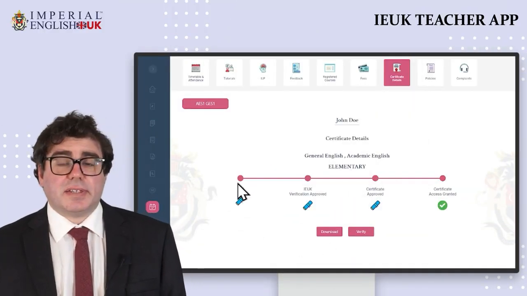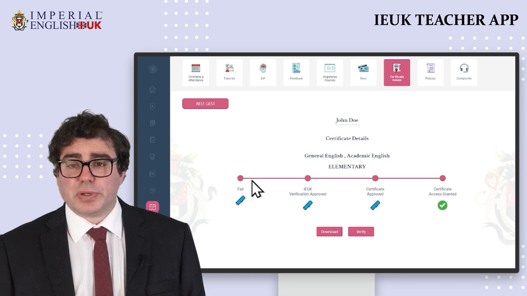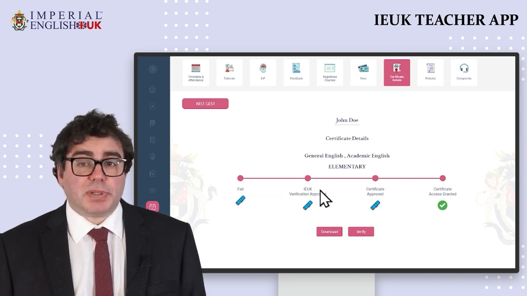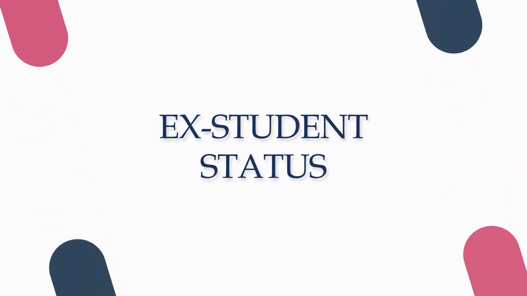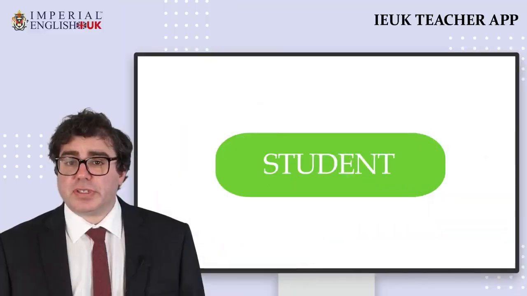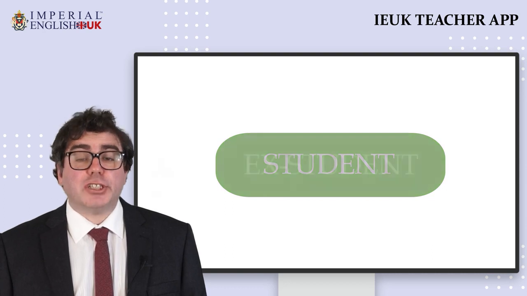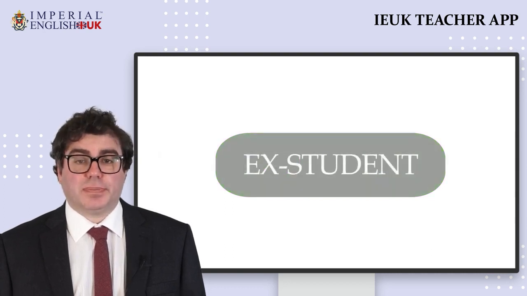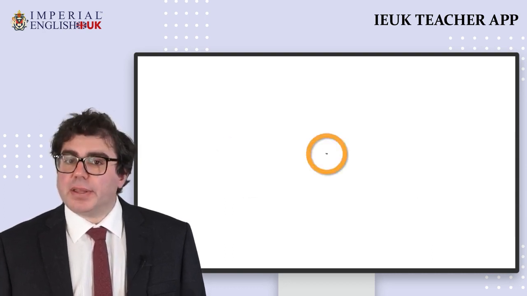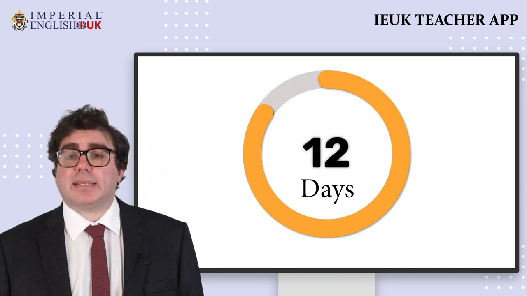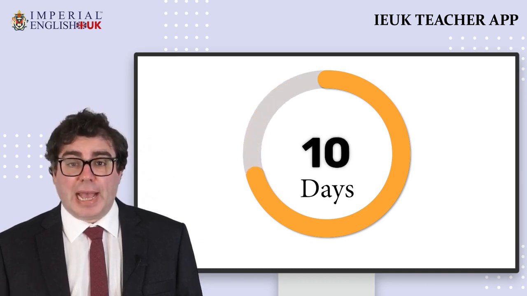Students can see their certificate on the IEUK student app by clicking on Management and then Certificate Details. Once the certificate is issued, the student status on the app changes to ex-student. From this date, they will have 14 days to access the IEUK student app.